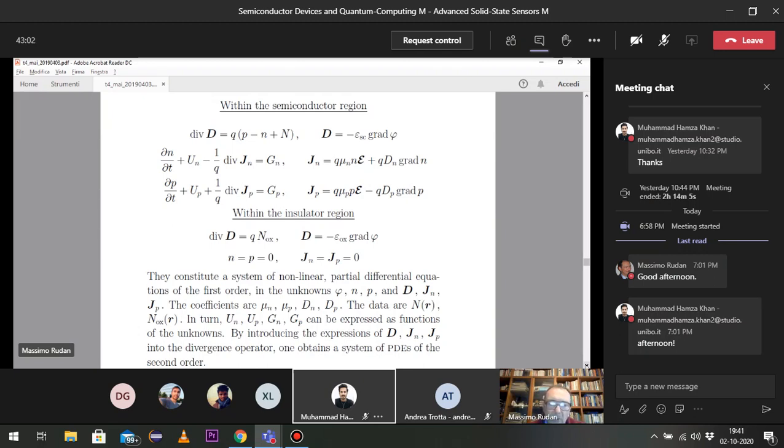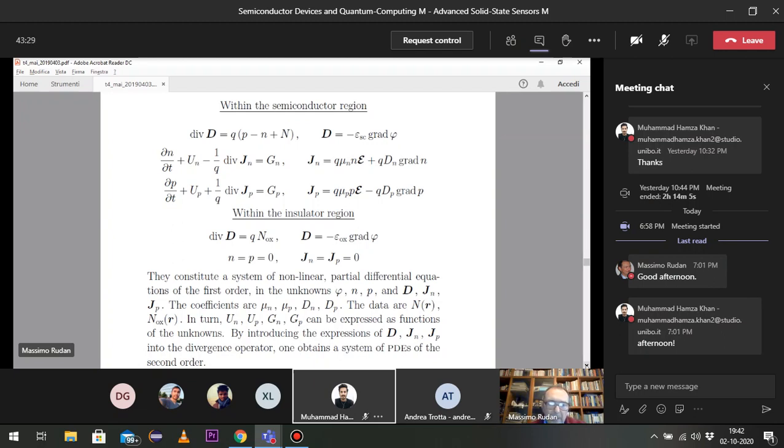So all unknowns of the new equation are scalar functions, okay? So we eliminate the vectors, and from two equations of the first order, we obtain one partial differential equation of the second order, that is the Poisson equation, okay?